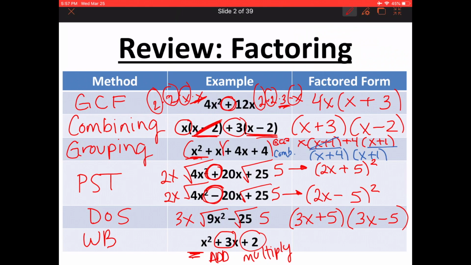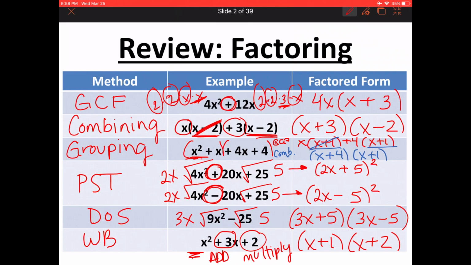So we're finding two numbers that add to 3 and multiply to 2. Remember, the signs do matter. So if there was a minus, we want to keep that in mind. My two numbers that add to 3 and multiply to 2 would be x plus 1, x plus 2. So I go ahead, write those, and there is my factored form.